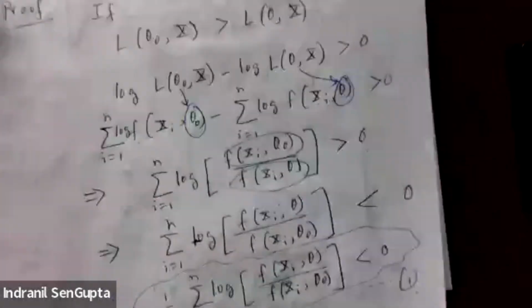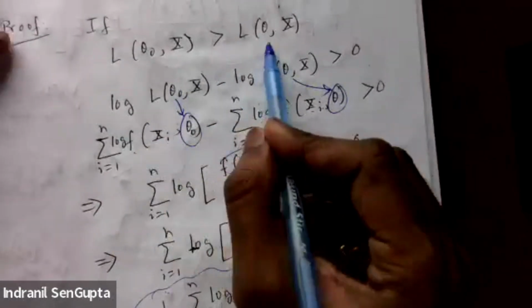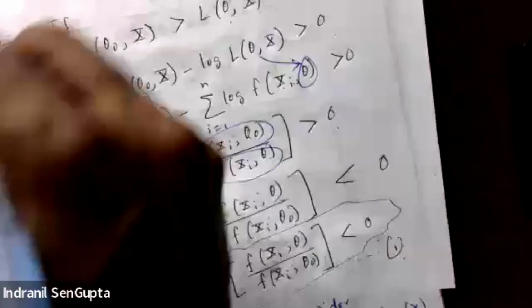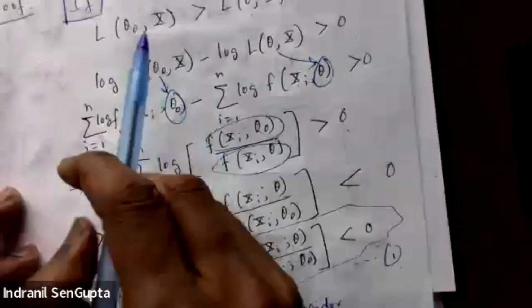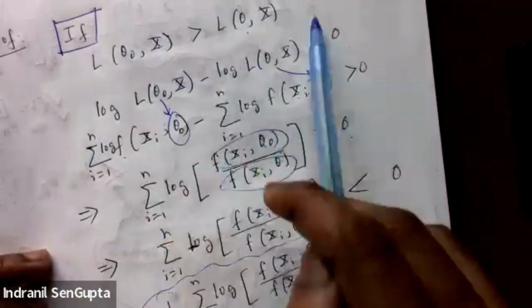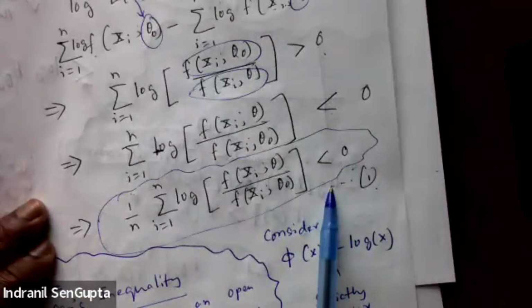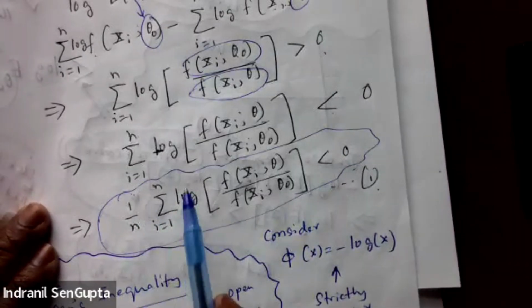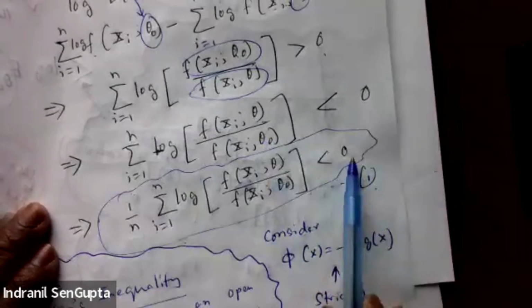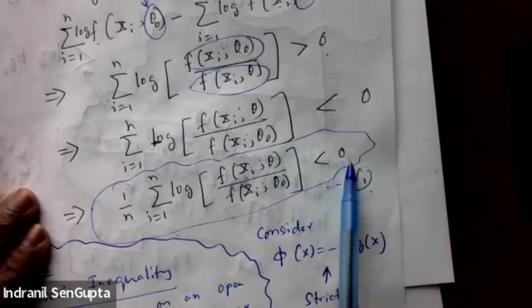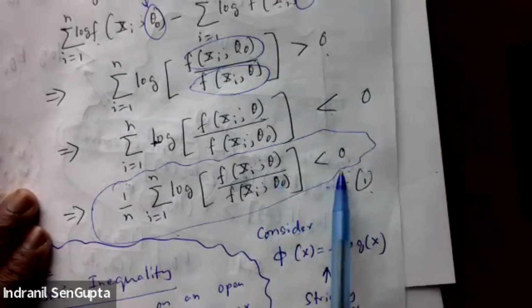Remember, if whatever we are trying to prove is true, then this is less than 0. We showed that indeed this quantity is less than 0 in probability.